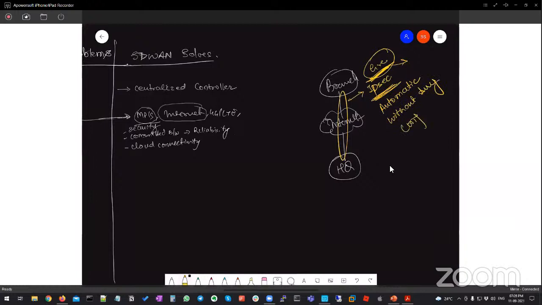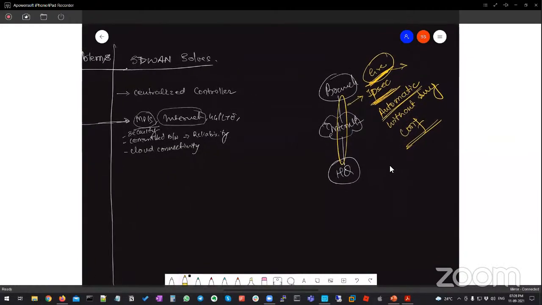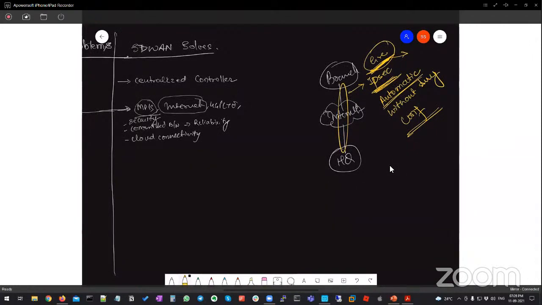So your security is now in your hand. Okay, so you can create IPsec over the internet. And related to reliability, it will automatically make BFD sessions.